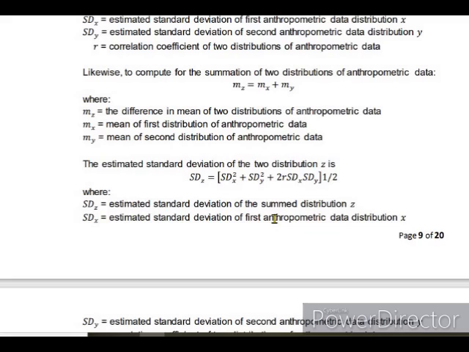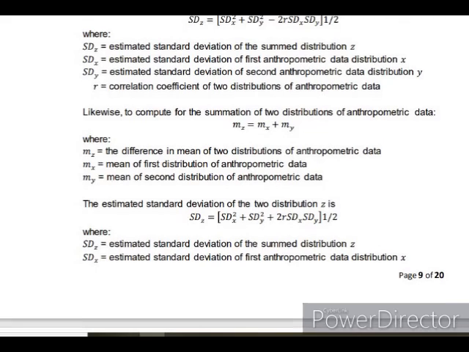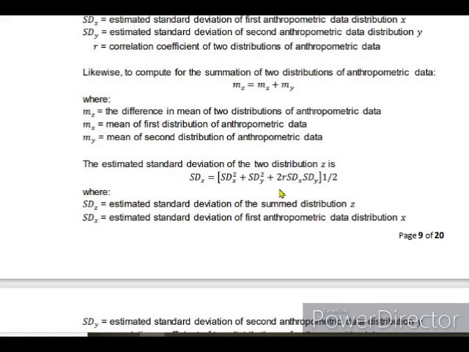Then the estimated standard deviation of the two distributions z is, so they are just the same with the ones we discussed earlier, but differ in what? They differ in the operation. So this operation is addition, okay?